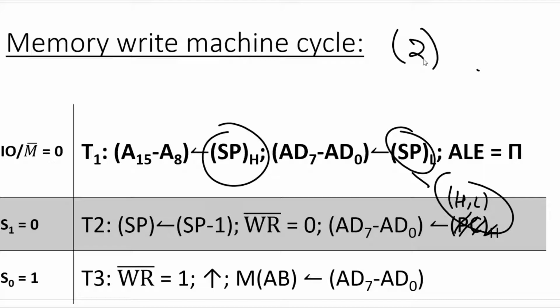So we are incrementing the stack pointer in the memory read machine cycles, and decrementing the stack pointer in the memory write machine cycles. In short, at the end, whatever was the original location of the stack pointer, it will end up at that location only. In memory write machine cycle number 2, the least significant byte will be transferred from the HL register pair onto the data bus, and from the data bus to the stack. Now we are free.